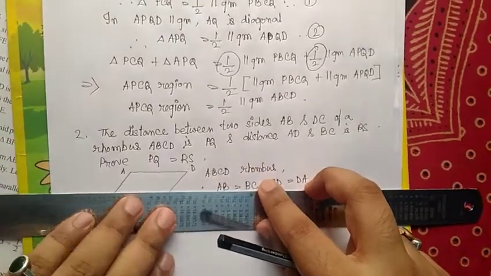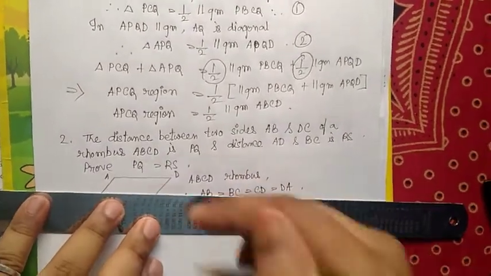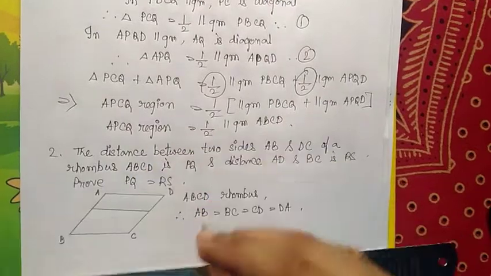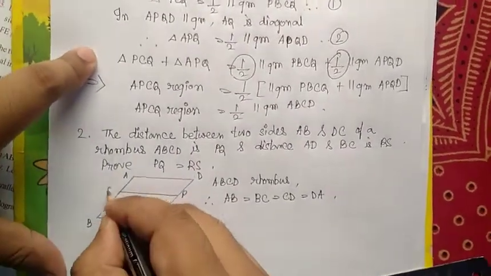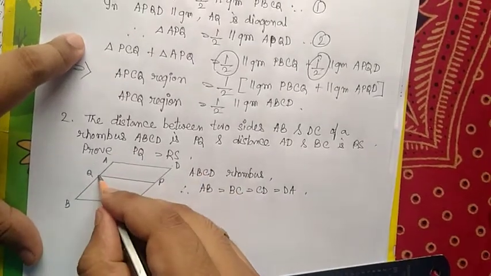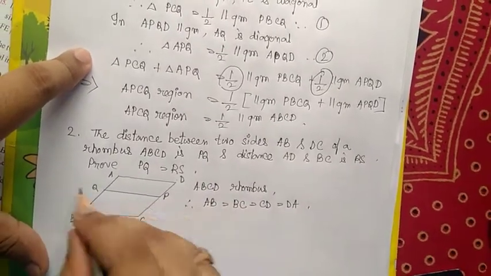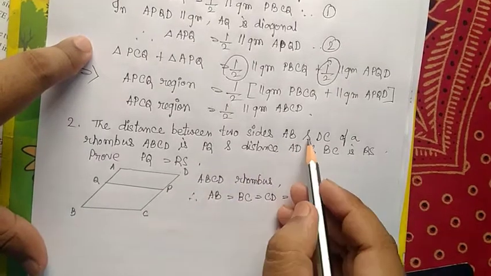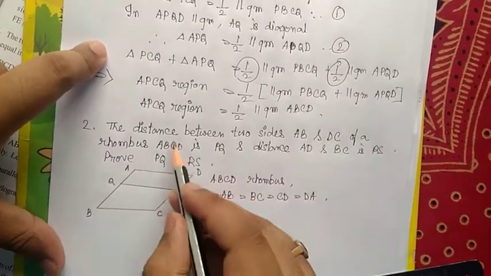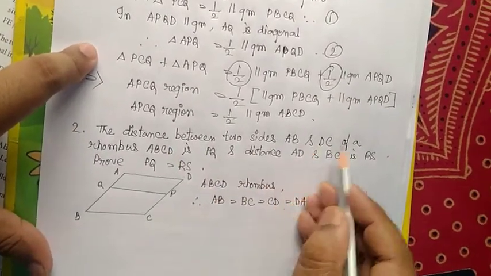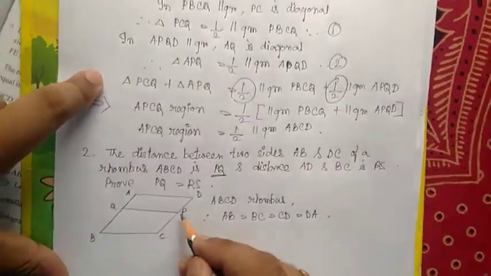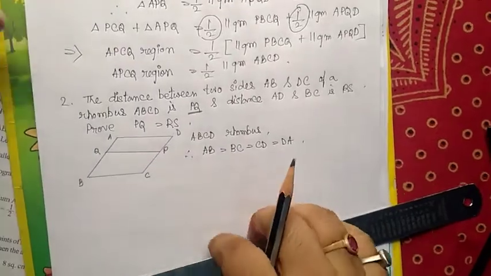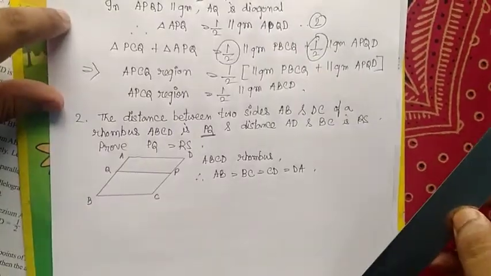So the distance between these is PQ. One more thing, it's not the midpoint. Here the question only says the distance between sides AB and DC is PQ, not that this is a midpoint. Now the distance between AD and BC is RS.